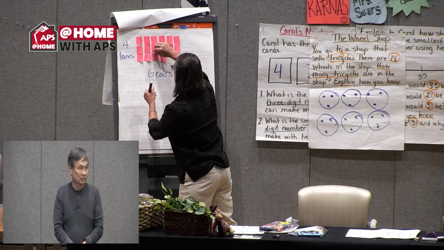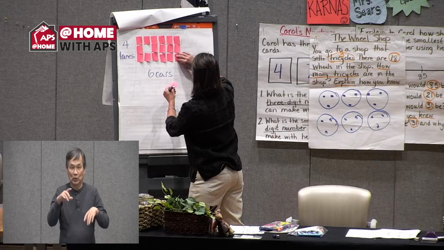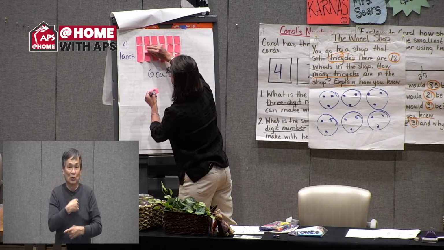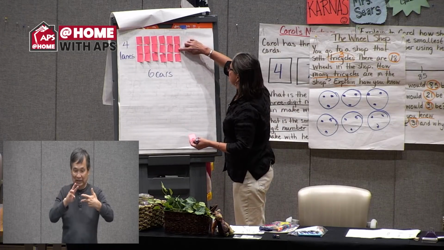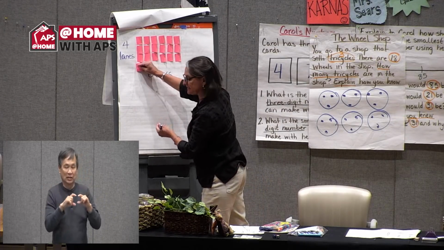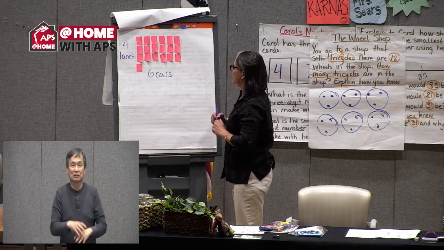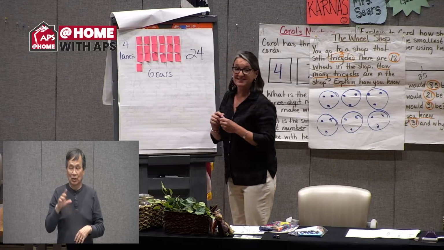Oh my goodness, Ms. Karnes ran out of sticky notes. So far we have 3 lanes of 6 cars, 6, 12, 18, and if we added our last row of 6, we would have how many? 24 cars, and he guessed 25.